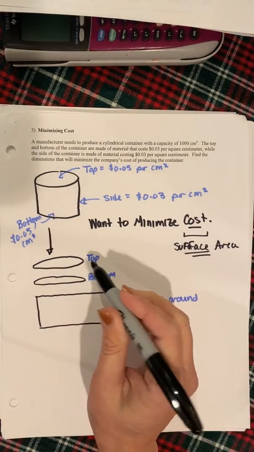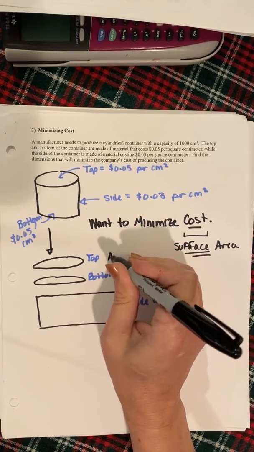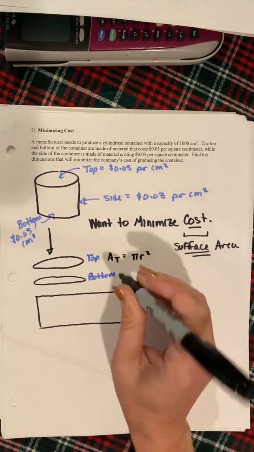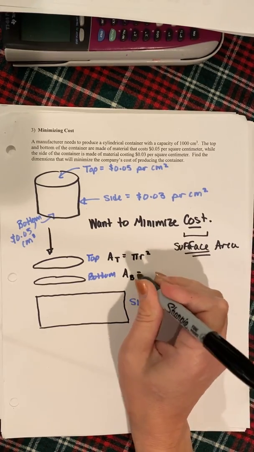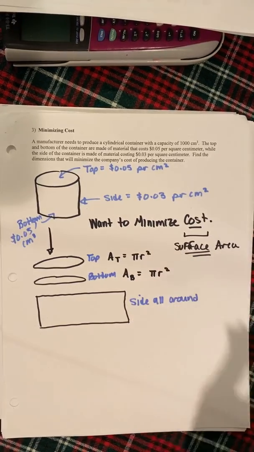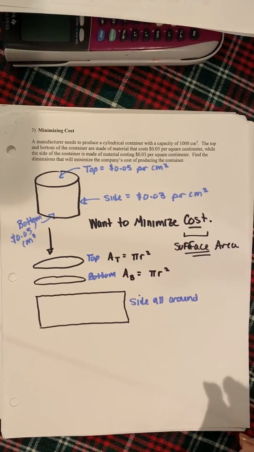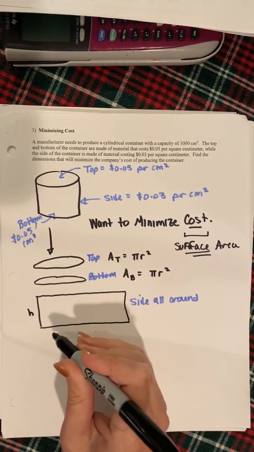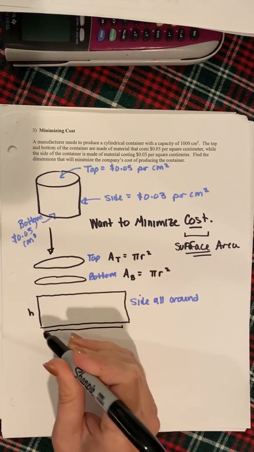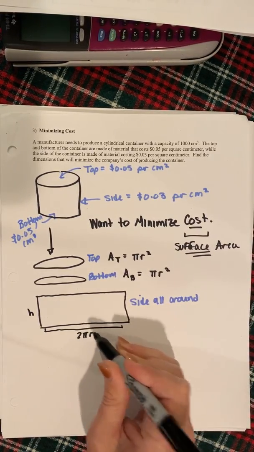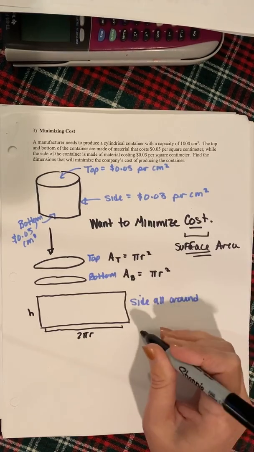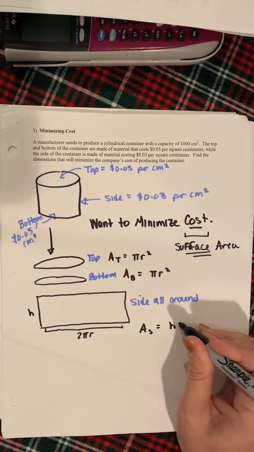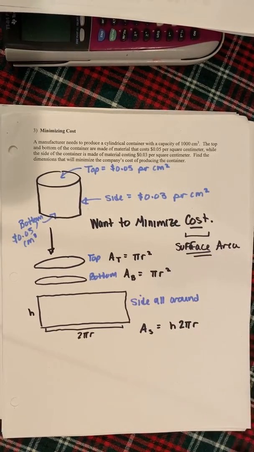The area of the top is pi r squared. The area of the bottom is pi r squared. And then we have the height of the can, and the width of the can is the circumference, 2 pi r. So the area of the sides is h times 2 pi r.